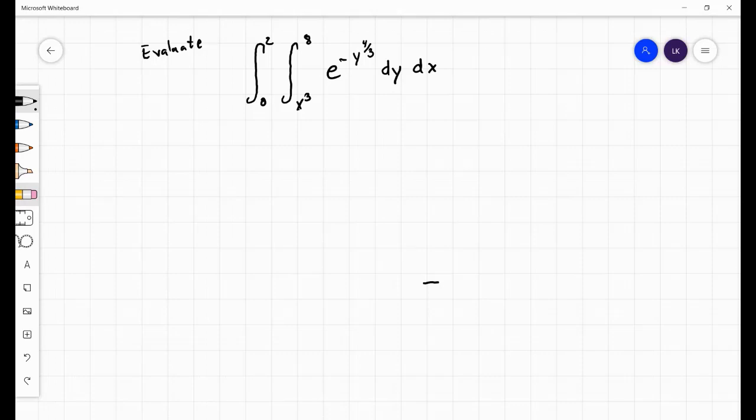So what's the problem with the integral as it is? Why can't we even try? I guess we could try, but what goes wrong here when we try to evaluate the iterated integral?